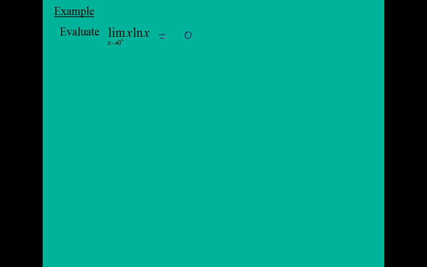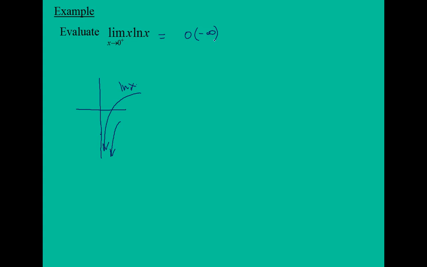And then if we look at the limit of ln of x as x approaches 0 from the right, you can see we're going off to negative infinity. So we would have 0 times negative infinity.